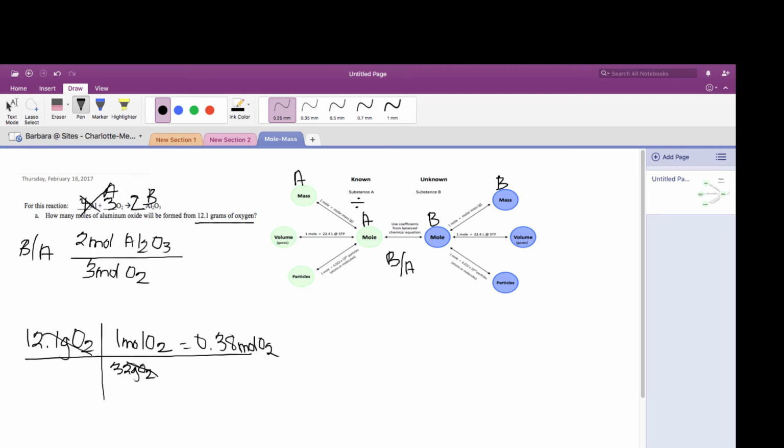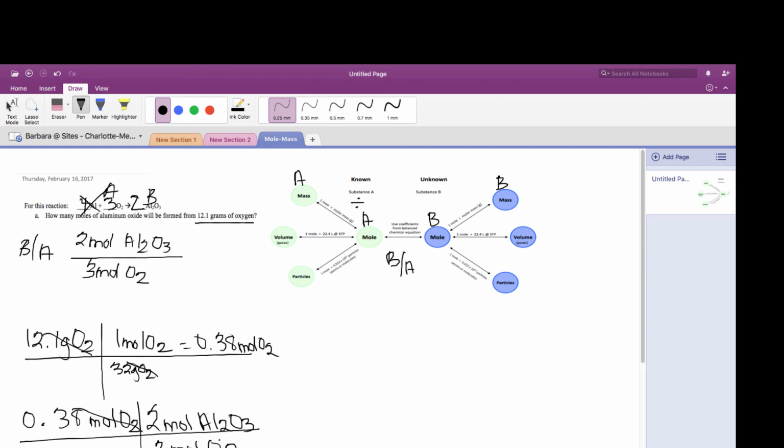We just completed the step that takes us from mass of A to moles of A. The next step is to go from moles of A to moles of B, and to do that we use a mole ratio. I'm going to take that 0.38 moles of oxygen and plug in the mole ratio, which we wrote as 2 moles of aluminum oxide over 3 moles of oxygen.